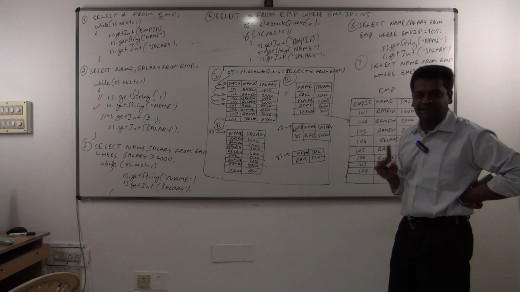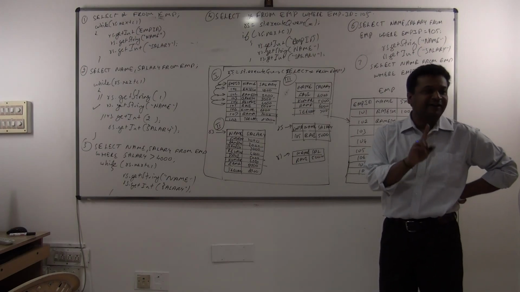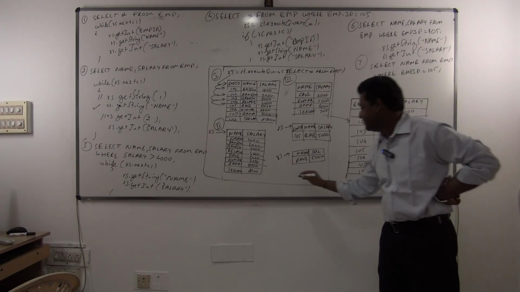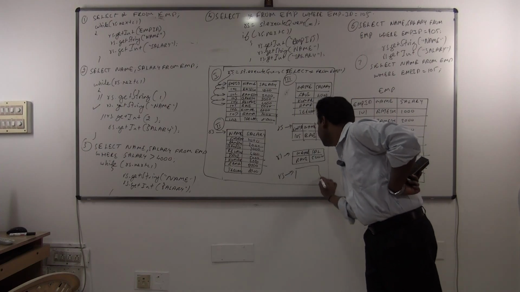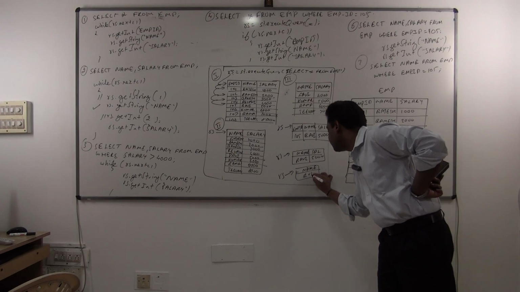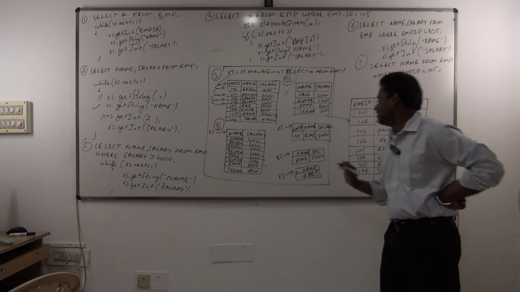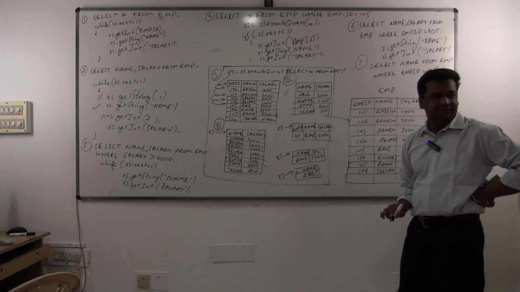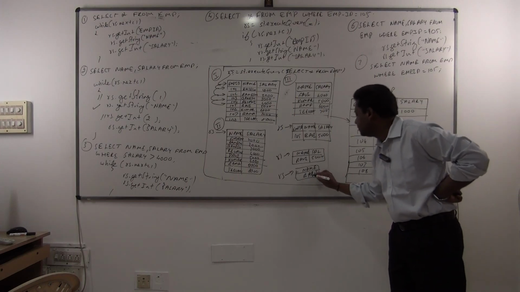So in your result set, what will be there now? Only one record, only one value. The result set will have one column called name, and in this column there will be a value called Ravi. That's all. Nothing more will be there. Are you clear?